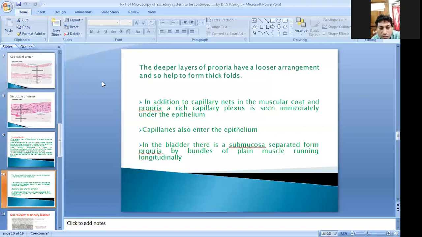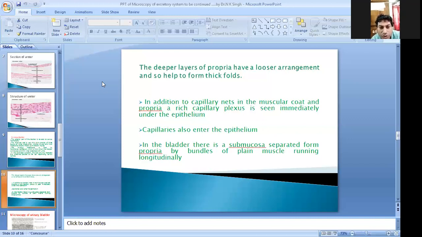In the bladder, there is a submucosa separated from propria by bundles of plain muscle running longitudinally. So in the case of the urinary bladder, the tunica submucosa and the lamina propria are separated by bundles of smooth muscles.